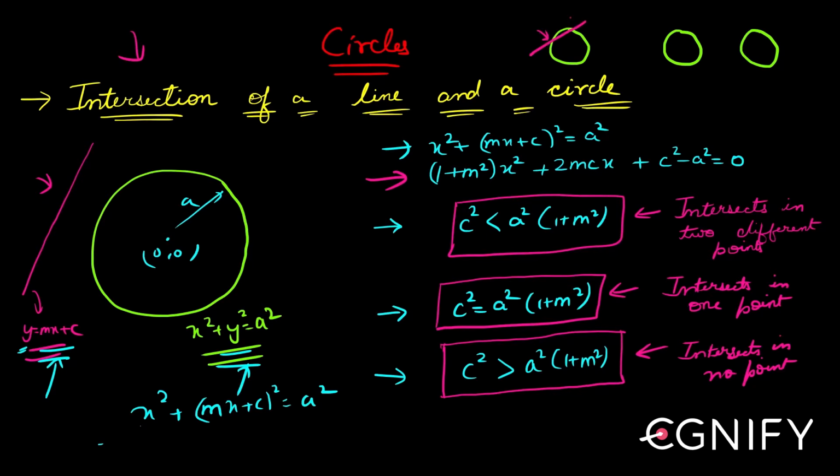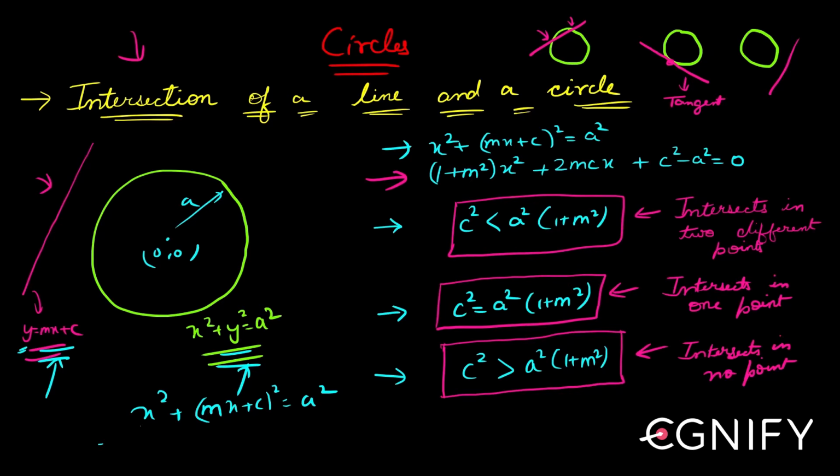This is your first point, this is your second point. You can imagine the figure yourself too, it's not very difficult. In the second case, the line will intersect the circle in just 1 point, and this is what is called a tangent, where the line intersects the circle only in 1 point. And the third case is the line is away from the circle and it doesn't intersect at all.